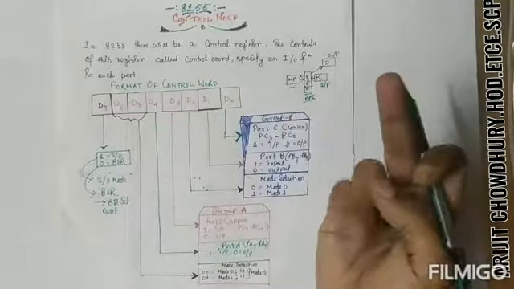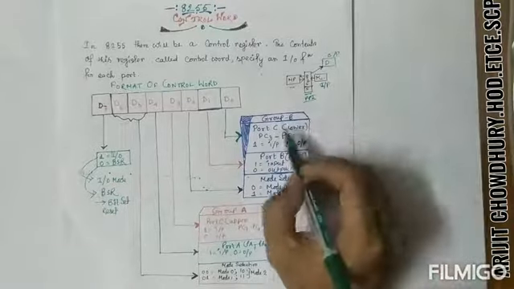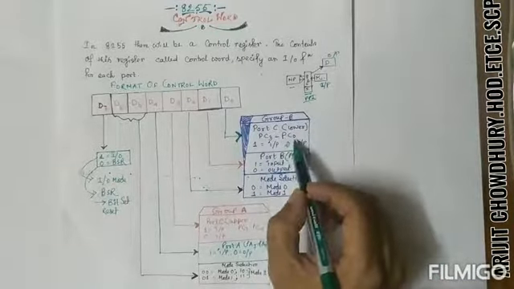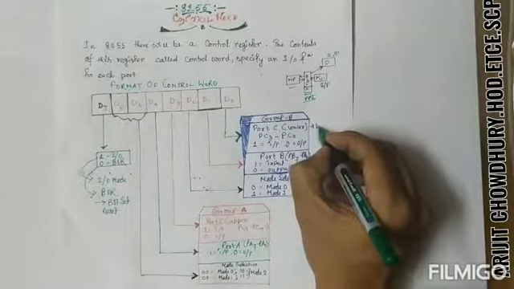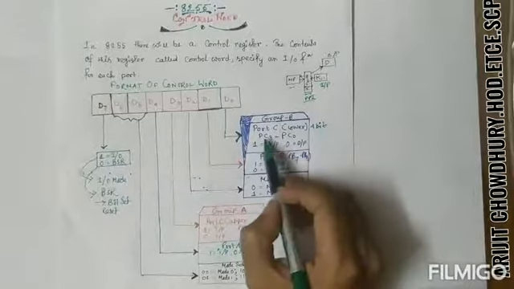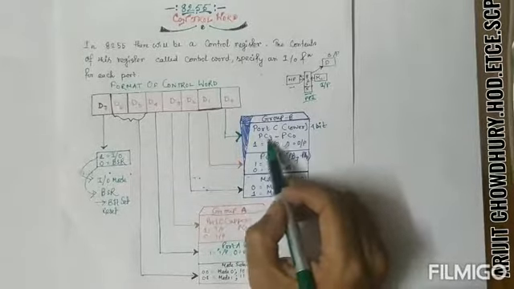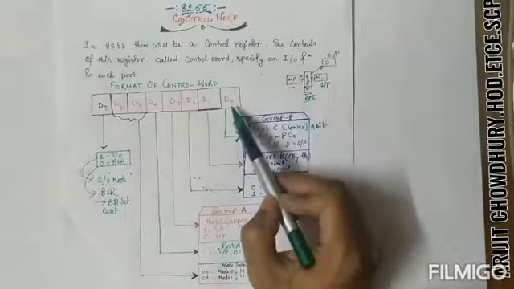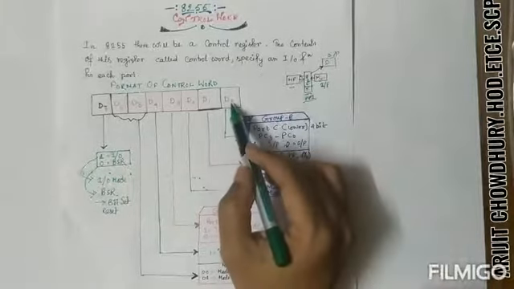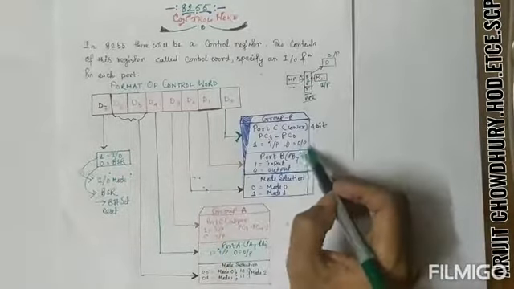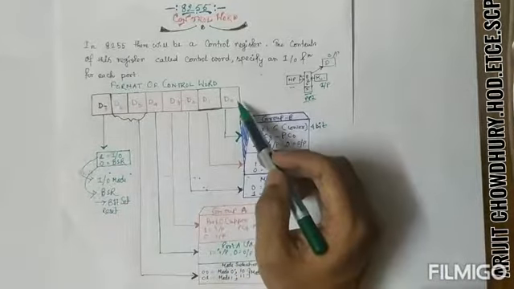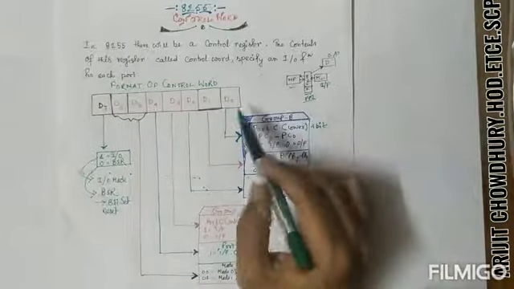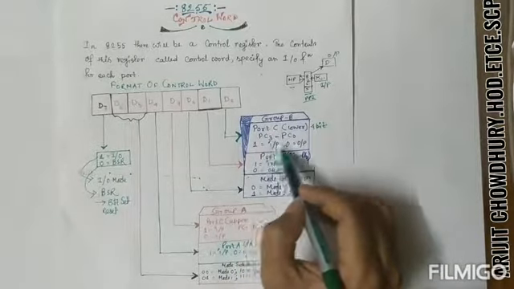Port C has two parts. The port C lower part is PC0 to PC3, 4 bits. If D0 is 0, then it is output. If the bit is 1, then it is input.